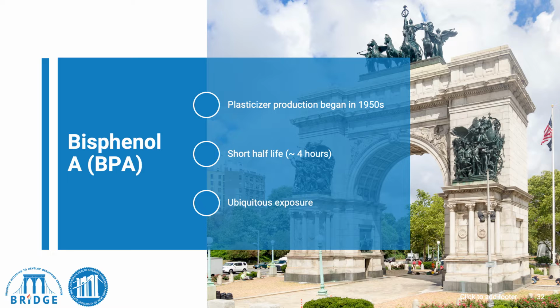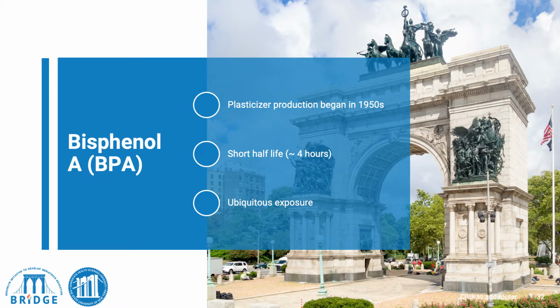BPA was discovered to be a plasticizer both in the United States and in Germany in 2 different companies, and there was just a proliferation of plastic products after the 1950s. BPA has a very short half-life, so unlike lead, it has a short half-life of about 4 hours. It's easily excreted. But the problem is, great, it can leave the body, but there's ubiquitous exposure.